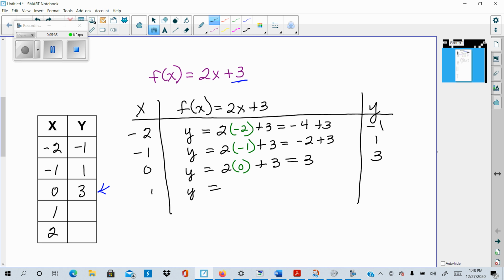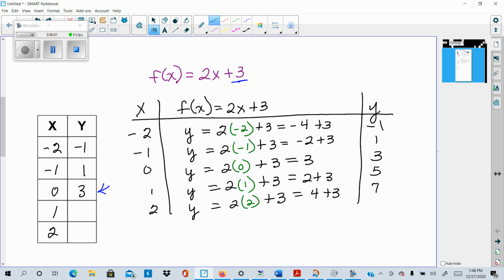So x is 1, 2 times 1 plus 3. 2 times 1 is 2 plus 3. That's going to give us a 5. And if x is 2, y is equal to 2 times 2 plus 3, which is 4, plus 3, which is 7. Once again, plug these numbers in over here. And once again, we can see that our numbers are going up by units of 2.